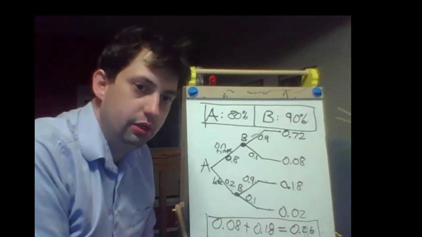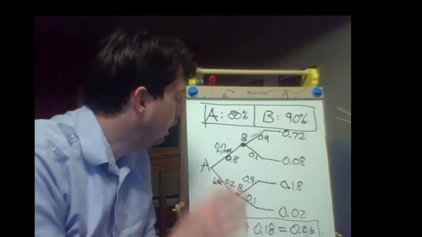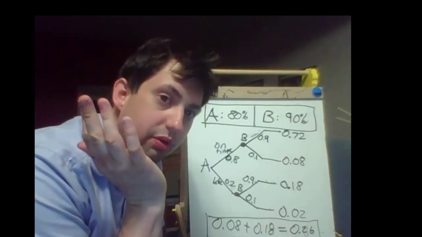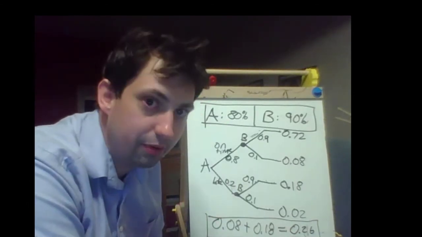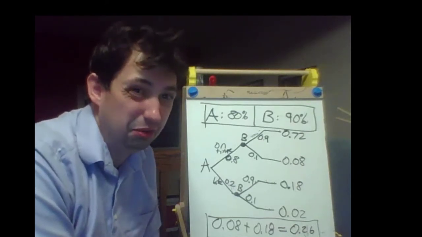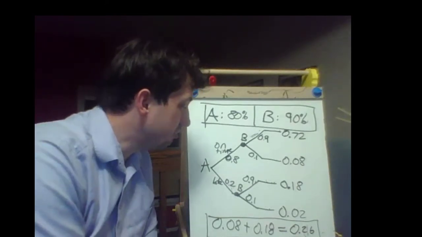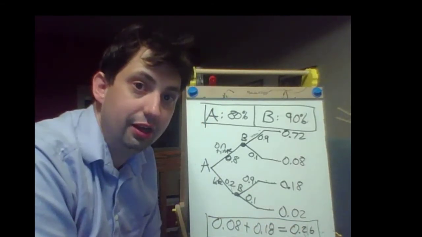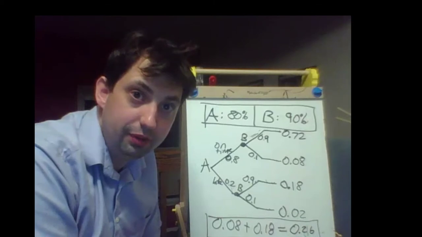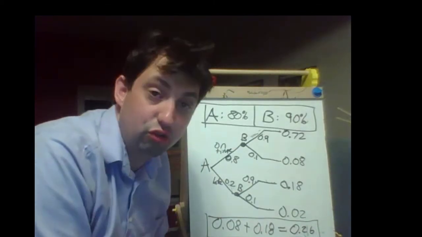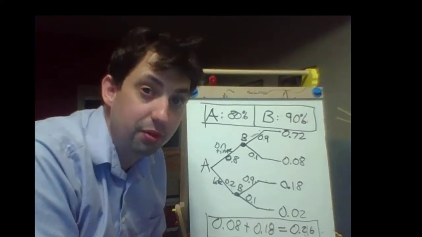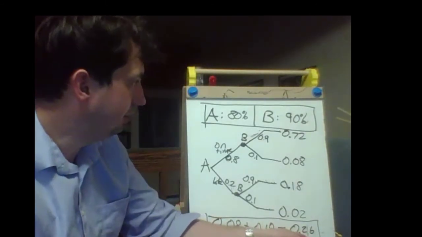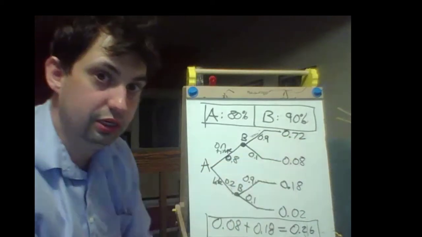So even though there's a 90% chance of one of them showing up on time and an 80% chance of the other, and it seems really likely that both will show up on time, there's actually a 26% chance that only one will show up on time. This is only a 28% chance that both of them will not be on time, which makes sense, of course, because 0.28 plus 0.72 is 1.